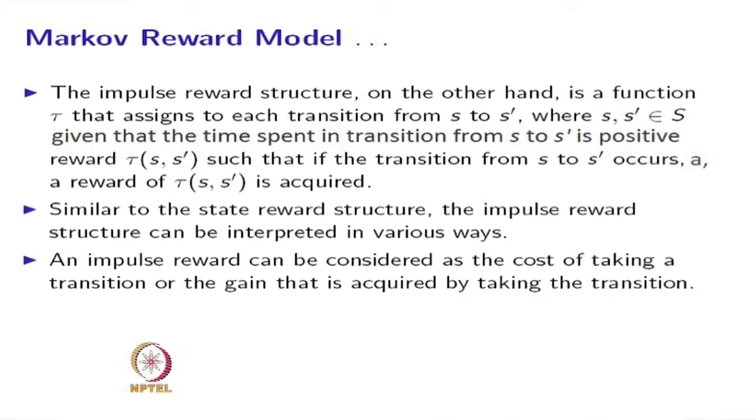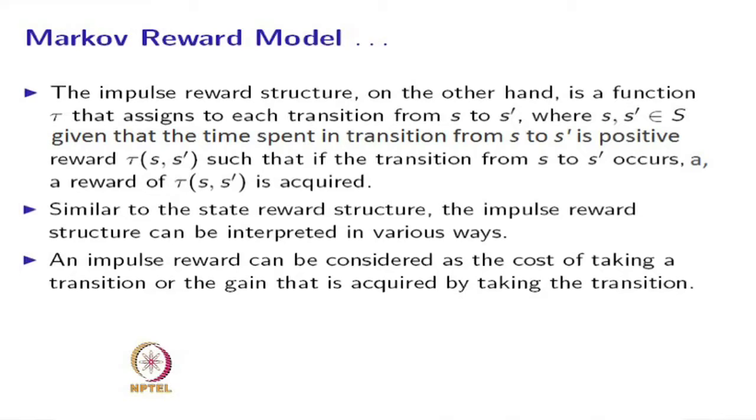The impulse reward structure, on the other hand, is a function tau that assigns to each transition from S to S dash, where S and S dash belong to the state space S, and the spending time in the transition from S to S dash is positive, a reward tau of S comma S dash, such that if the transition from S to S dash occurs, a reward of tau of S comma S dash is accrued.